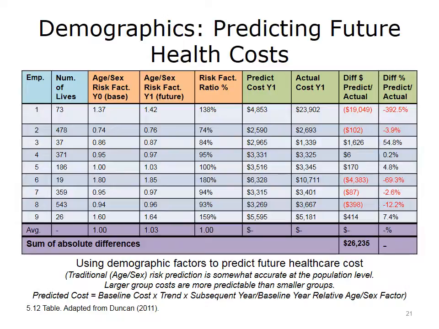Although this is a very high difference for Employer 1, this difference becomes smaller in other cases, such as Employer 4. Indeed, Employer 4's difference in predicted versus actual cost is only 0.2%, which means the predicted cost is very close to the actual cost.